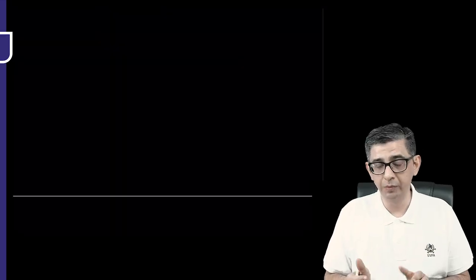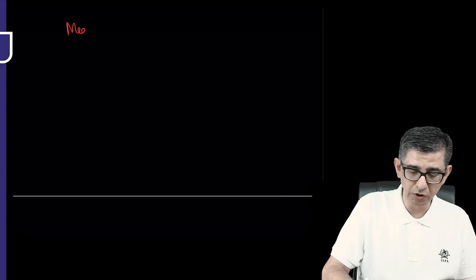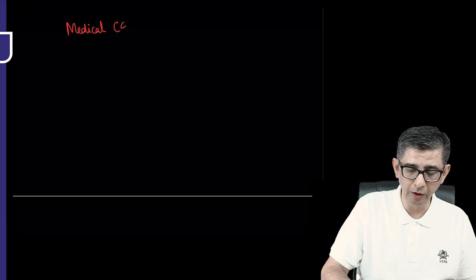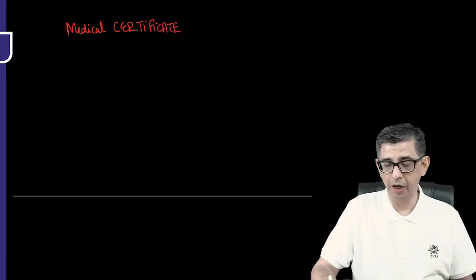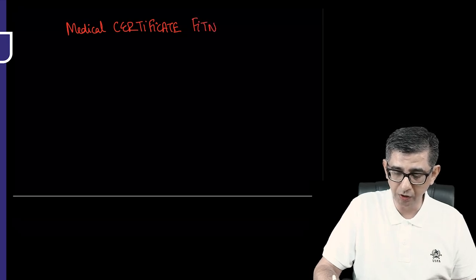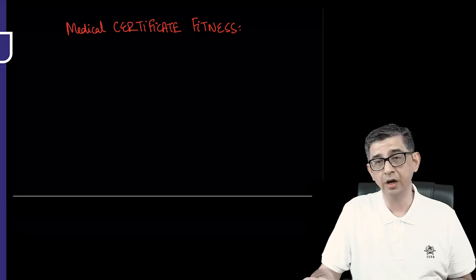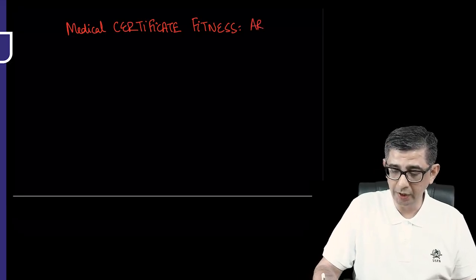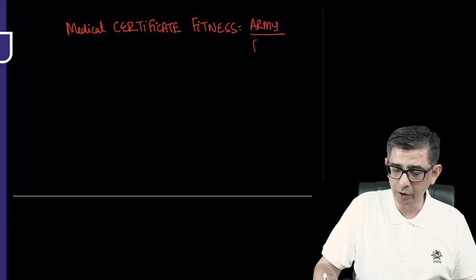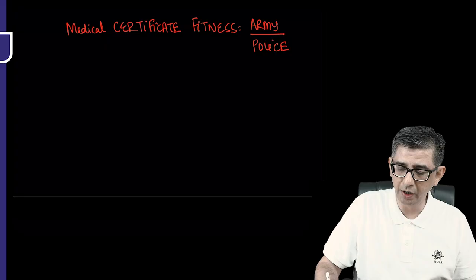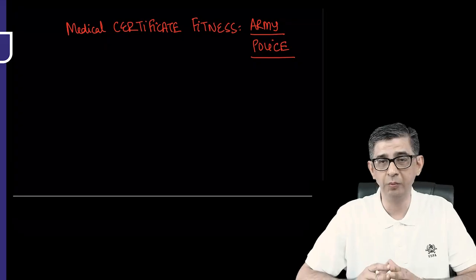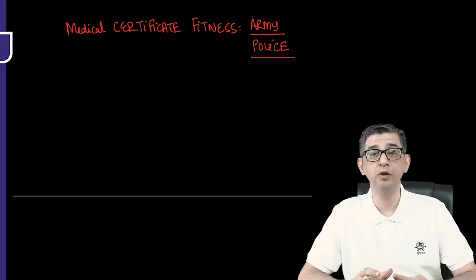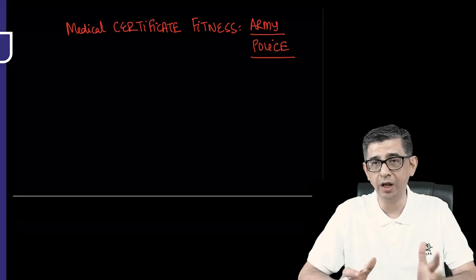Now, on the basis of this information, in future, if you are ever sitting on a medical board and you have to give a medical certificate for fitness, like you are a medical officer and you are required to give a fitness certificate to a young guy who needs to be recruited into the Indian army, or let me say police, or forget about these highly demanding jobs, even if he is recruited into traffic police, you would be expecting a person to have a certain level of fitness so that he can do standing duty for 10 hours, 12 hours.